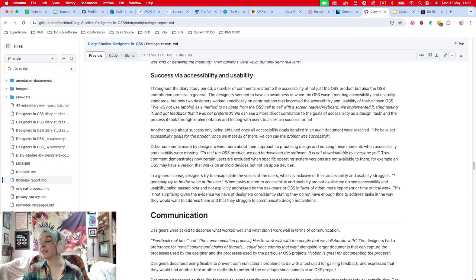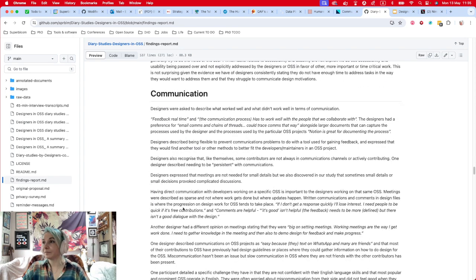So a success metric for designers is, are you improving or working on the accessibility or usability overall of the open source software, and sometimes accessibility and usability of open source software everywhere. So designers see being the voice of the user as incredibly important; if they were able to communicate that through their work, they're very pleased, very successful, very happy.